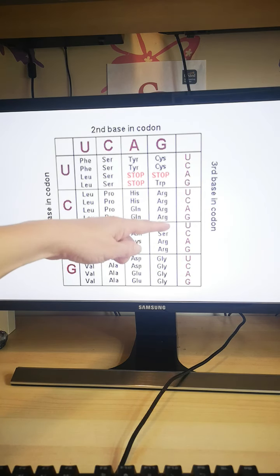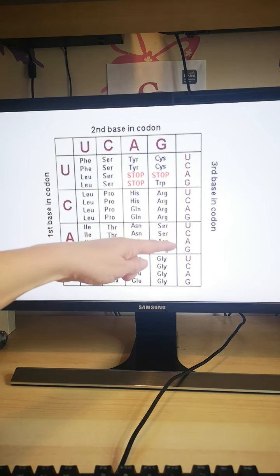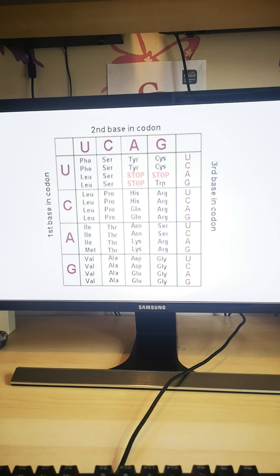And if you look here, G would be the last base, so it's MET. That would be the amino acid coded for. Now MET is a bit unusual. It only has 1 codon that codes for that particular amino acid. But have a look at the rest of the code.